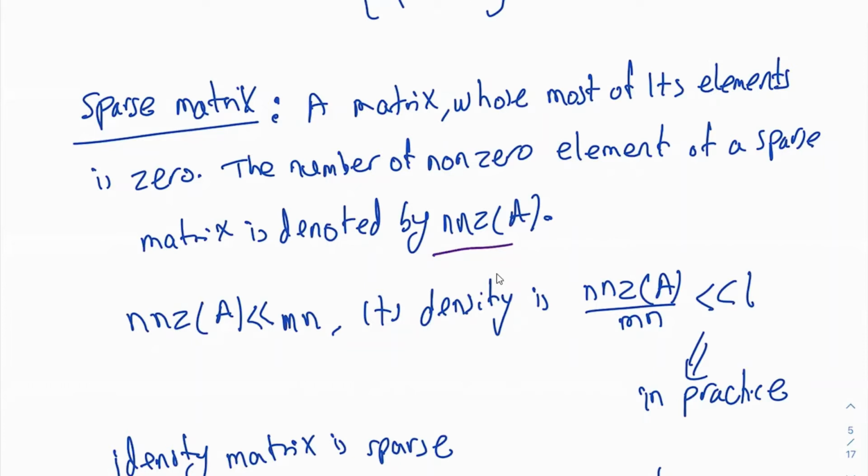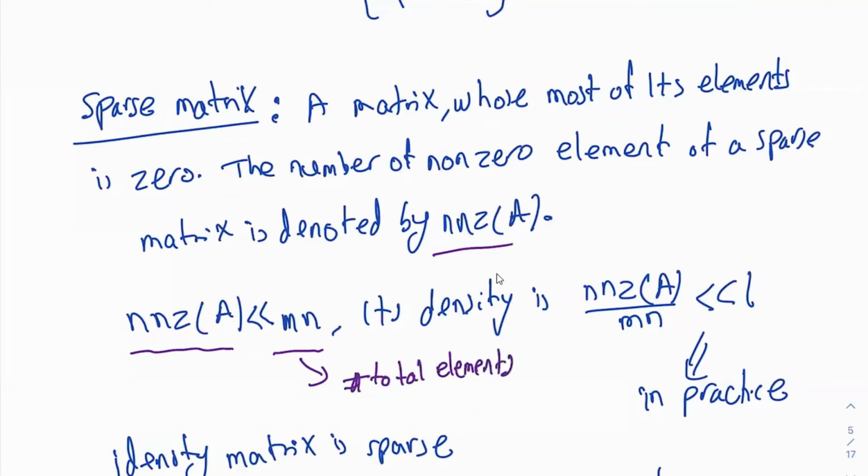So nnz(A) means the pattern of sparsity or number of non-zero elements of matrix A. Now, for sparse matrices, we usually want the number of non-zero elements to be less than the number of rows times the number of columns. What does it mean? This means the total number of elements.